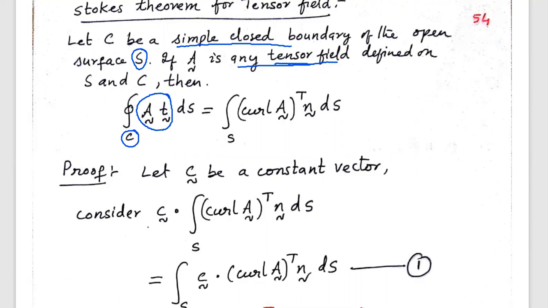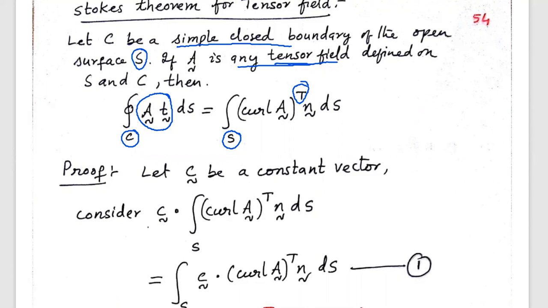Okay, we can take order 2. Fine. So any tensor of order 2. So the line integral of A T ds is equal to the surface integral of curl A transpose N ds. This is the Stokes theorem for a tensor field. A is the tensor field.